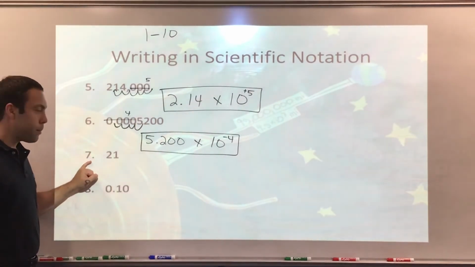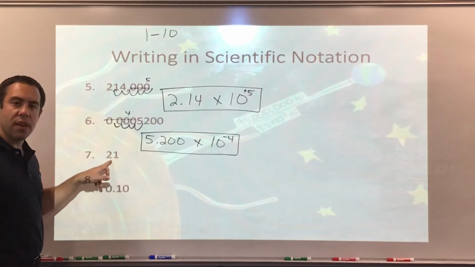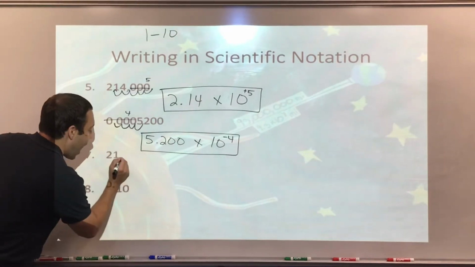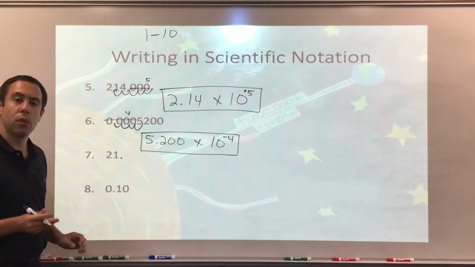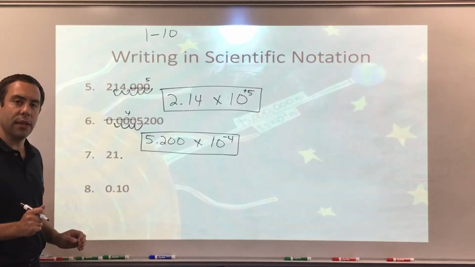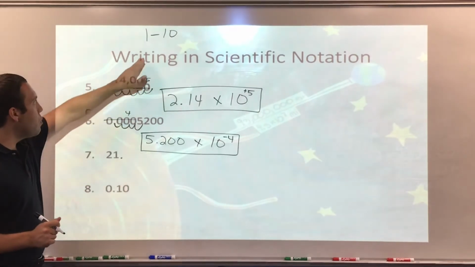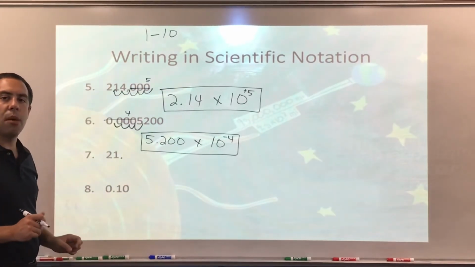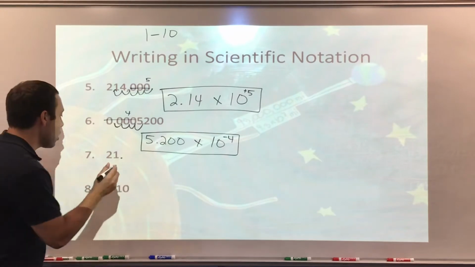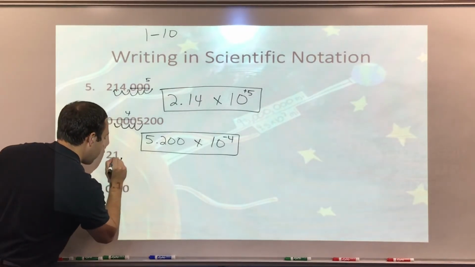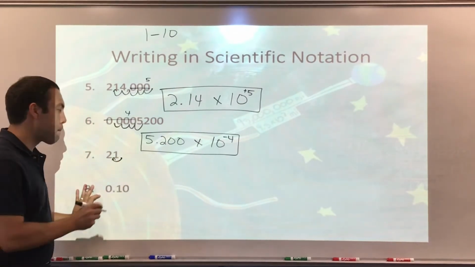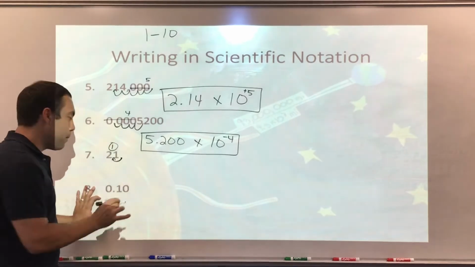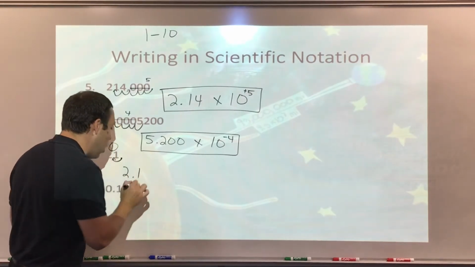Question 7 is not too big of a number, but we have 21. We put the decimal point at the end. We're still going to move the decimal point over until we get a value between 1 and 10 and count the number of times we move the decimal point. Here, we only have to move the decimal point one time. Step 2, rewrite the number, 2.1.